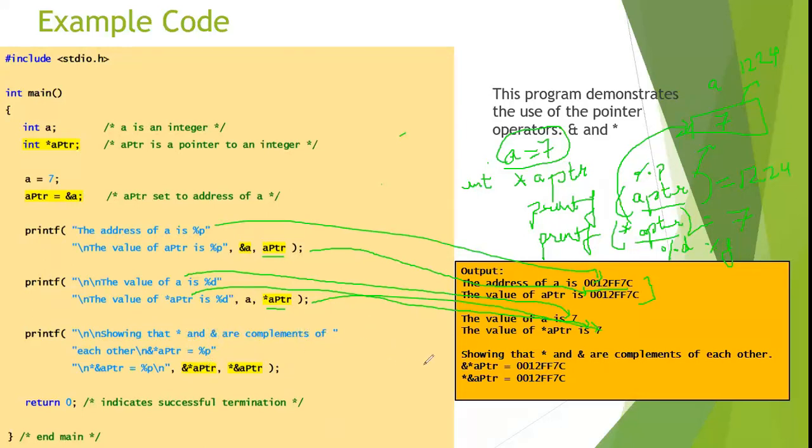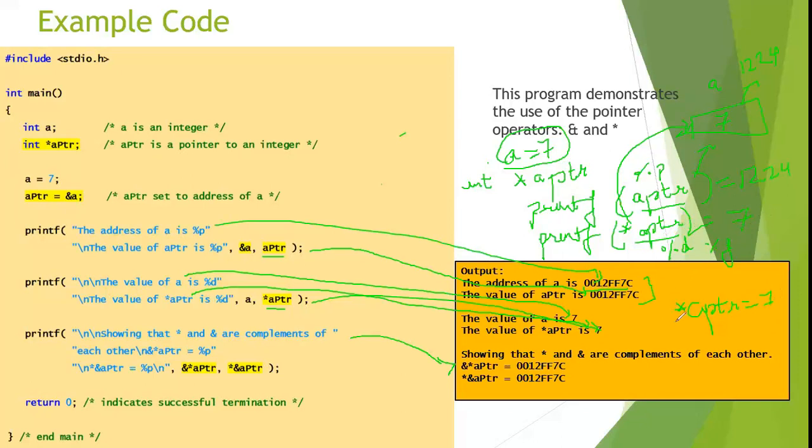How? See, you know that pointer APTR is equal to 7, yes or no? We just said pointer APTR is equal to 7, right?